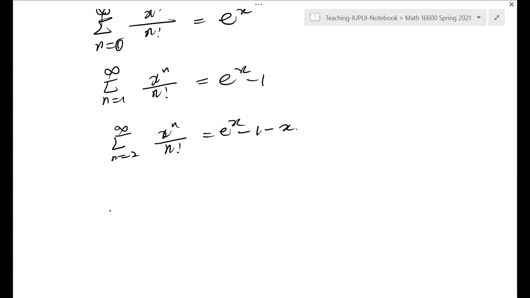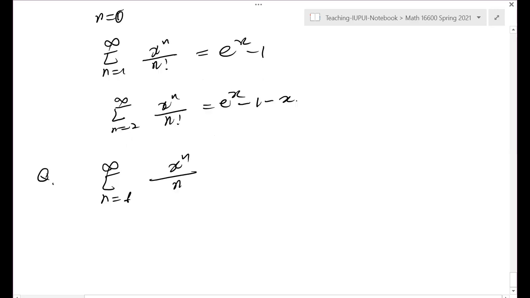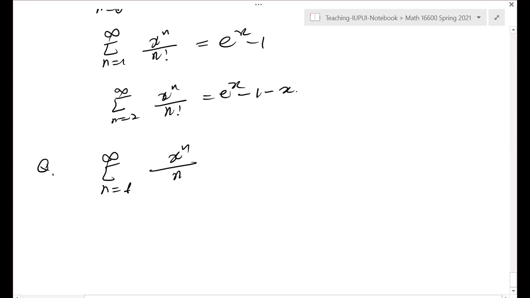Now, if we are given a power series, that is going to be the sum of x to the n over n. Can we express it as an elementary function?